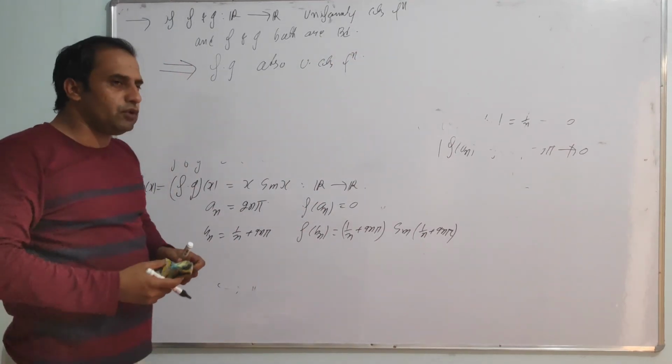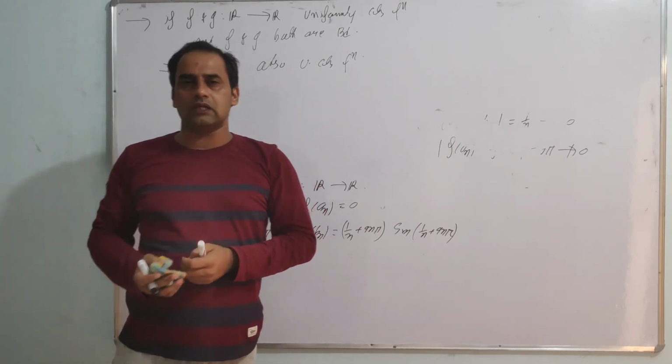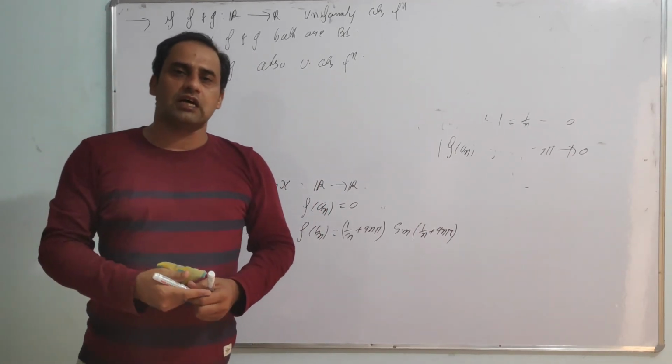So the product of two uniformly continuous functions is uniformly continuous provided both of the functions are bounded.